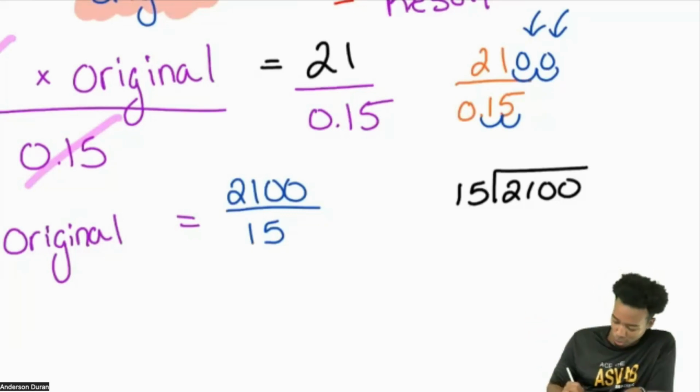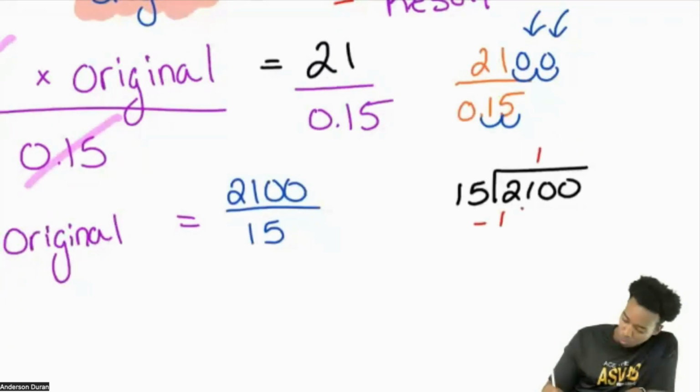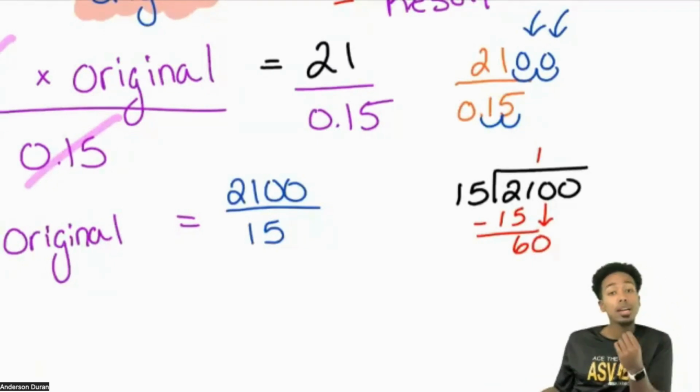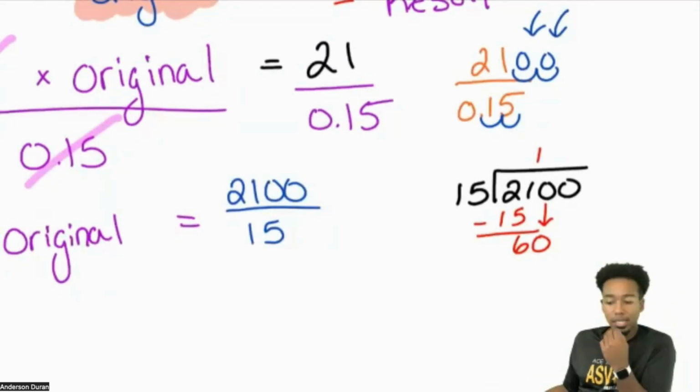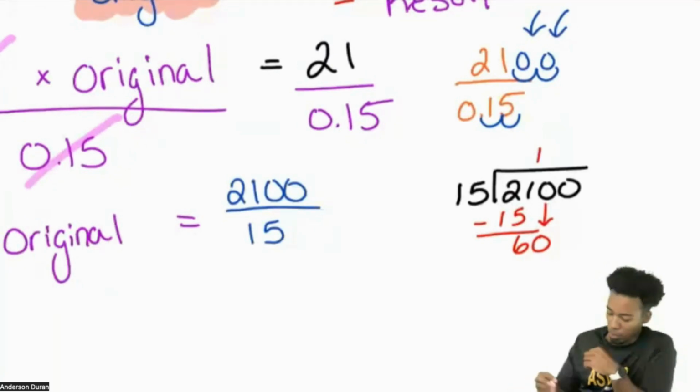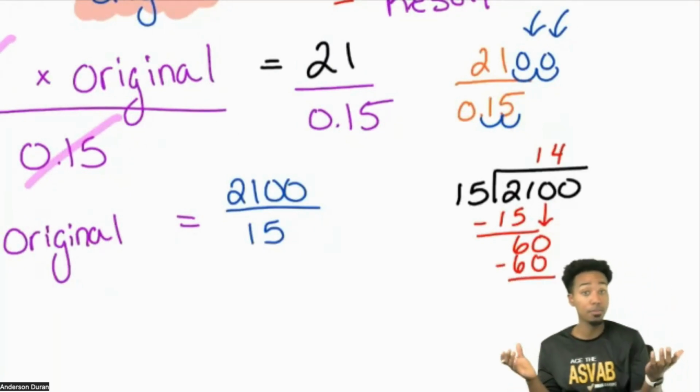So let's place that right there. Subtract the 15, and that's going to give you 6 left over. Bring down that 0, and you've got 60. How many times does 15 go into 60? Four times, correct.